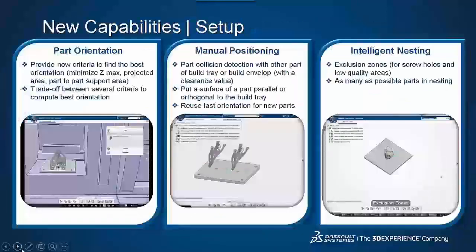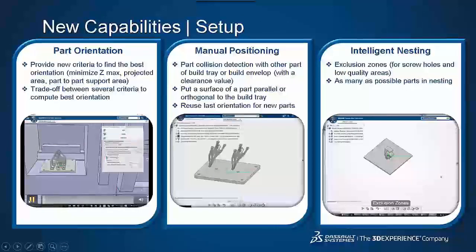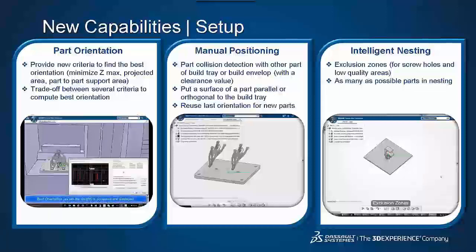Okay, so in terms of part orientation, we have some new capabilities for optimization criteria that are now available in 2018X. So we have introduced some new criteria, but we've also introduced the ability to incorporate weighting factors so that you can consider multiple criteria at once.